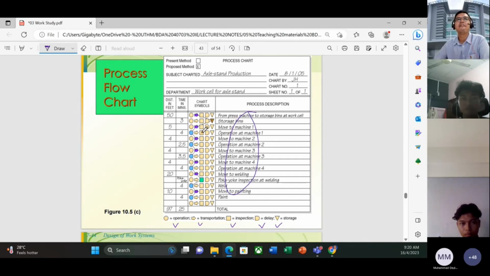And from here, we can calculate the distance in feet. For example, process number one, transportation, 50 feet in distance. Is there any time in minutes? No. Okay, so we also can calculate the time in minutes. This is the chart symbol, the subject character and info data, for example.